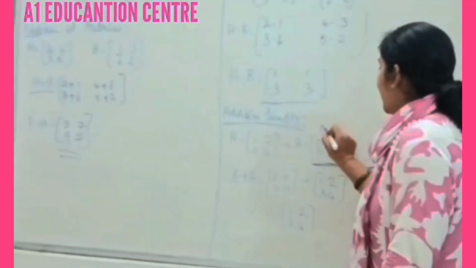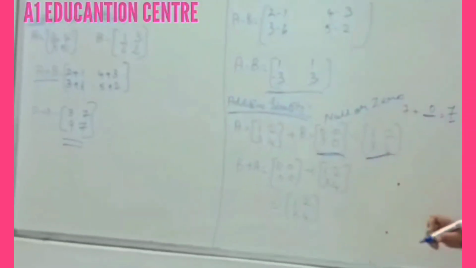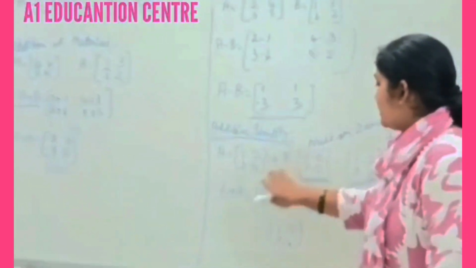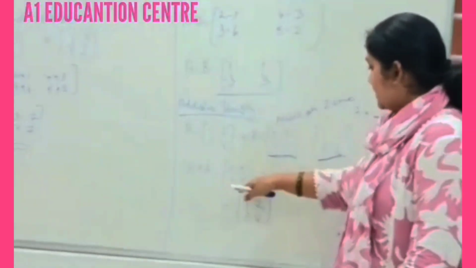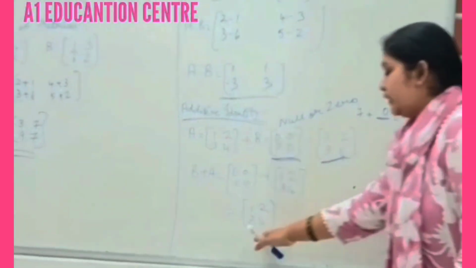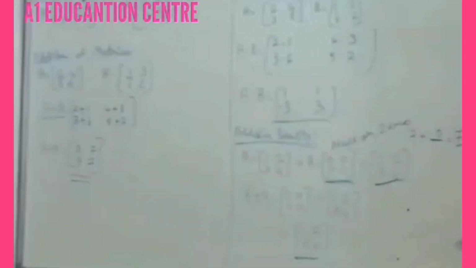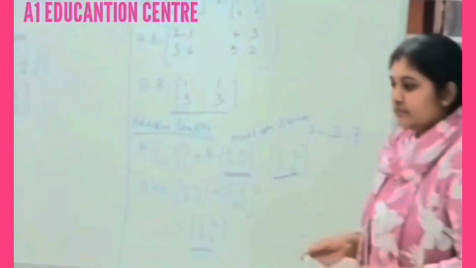It is going to be a null or zero matrix. The same thing, B plus A. So 0, 0. This is going to be a null matrix. Null matrix plus this, you get this. Understood? Yes, ma'am. Additive identity is easy.